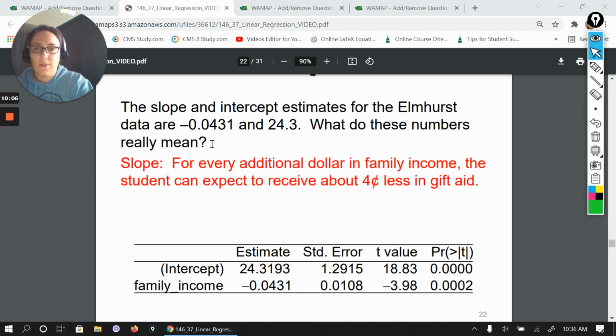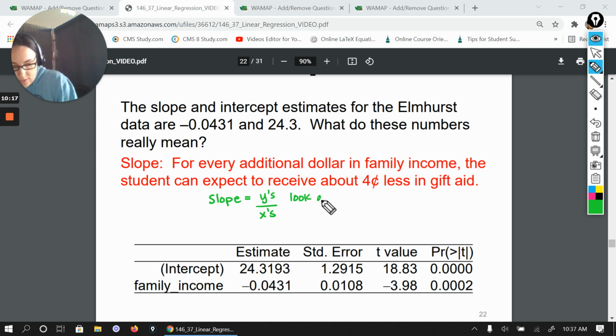So remember, slope is rise over run. So when you're going to interpret a slope, remember that it's the y's over the x's. And so look at the labels of the graph to determine how to interpret this.